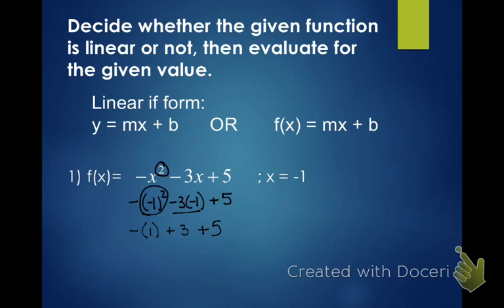So, 1 plus 3 plus 5, 9. Some of you would have tried to distribute that negative first. Remember, parentheses, exponents, multiplication or division, and then adding and subtracting. Don't make silly mistakes.